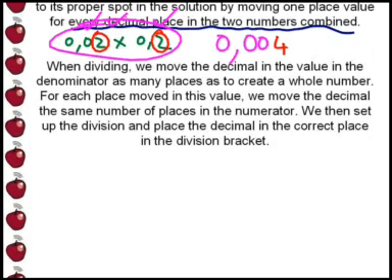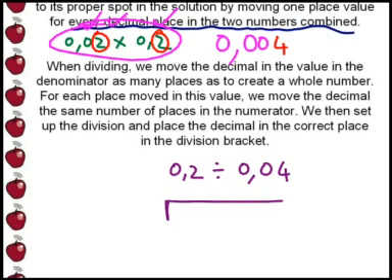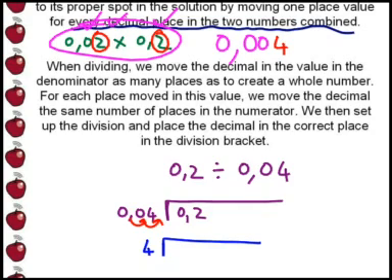a whole number. So what they mean by that is, let's say for instance we have 0.2 divided by 0.04. What we'll do is we'll do the normal long division with the division bracket. We've got the 0.2 there divided by 0.04 outside, and then we'll move that comma 2 places so that the number outside the division bracket will then become just plainly 4.